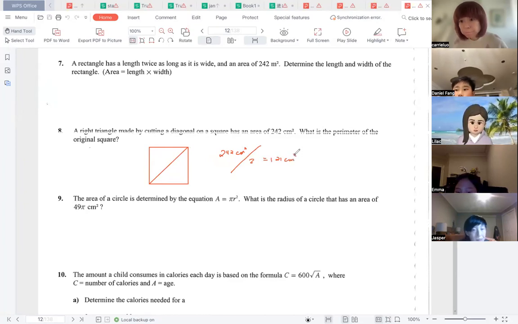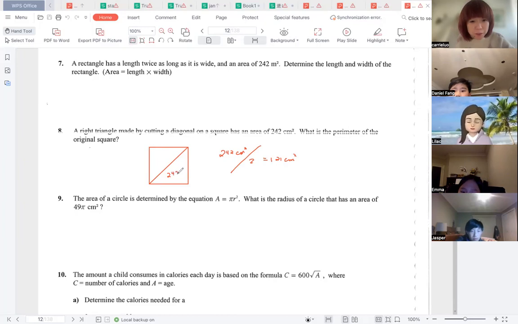A right triangle made by cutting a diagonal on the square has an area of 242.